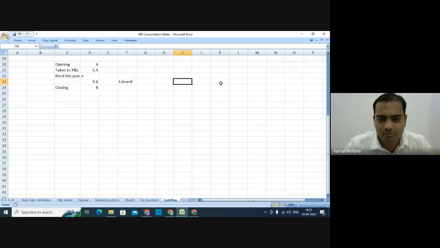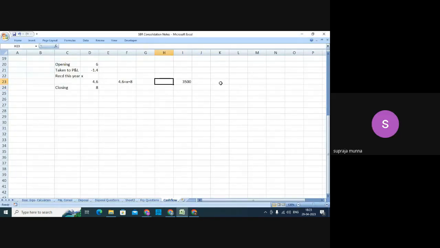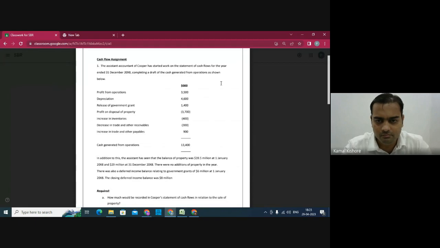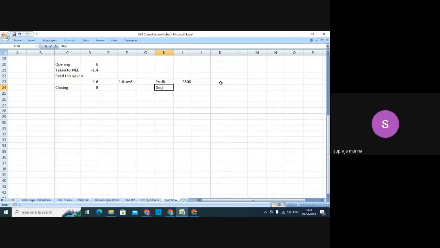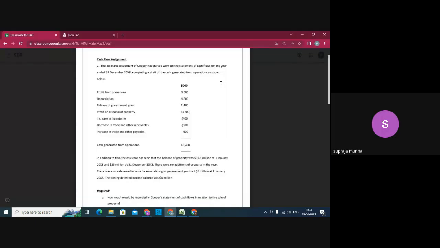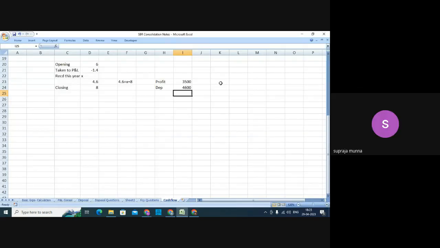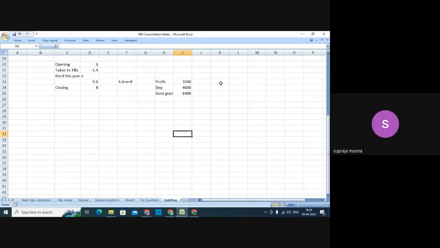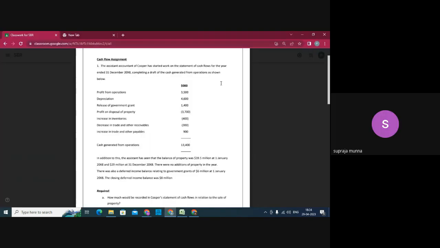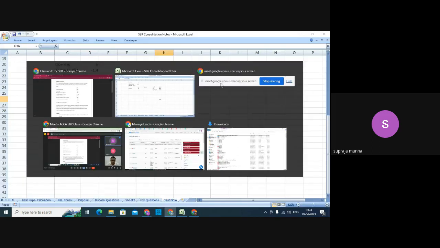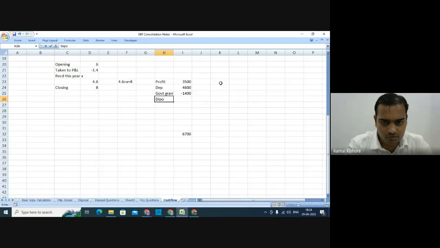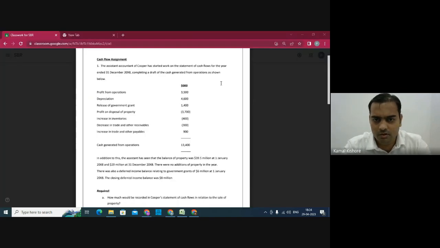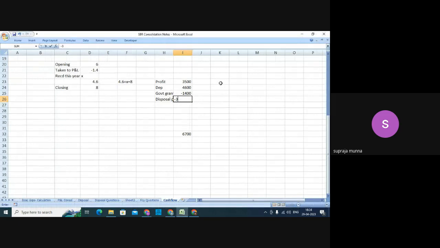So profit from operations 3,500. Then depreciation 4,600. Release of government grant minus 1,400. And the disposal profit is minus 3,700.